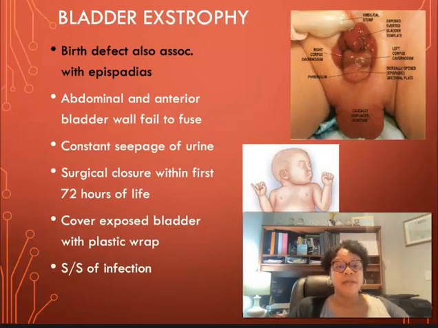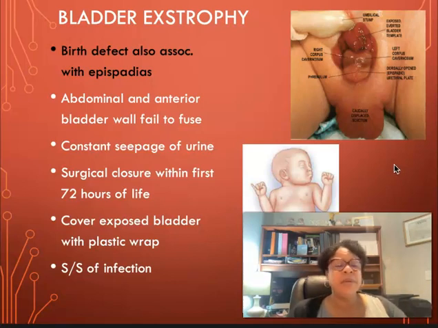Okay, so bladder exstrophy, this is a birth defect. Sometimes epispadias is also seen with this, and basically the bladder is born outside of the body. So this is an impaired fetal development in utero.